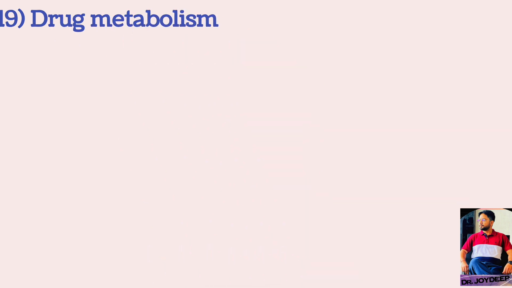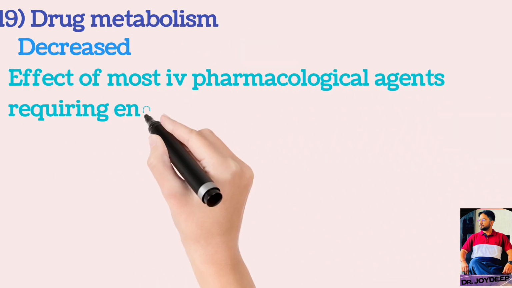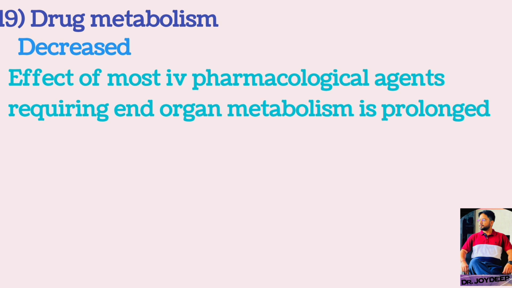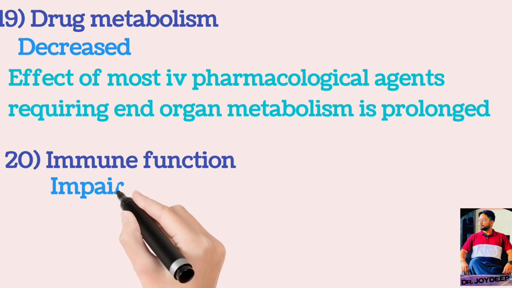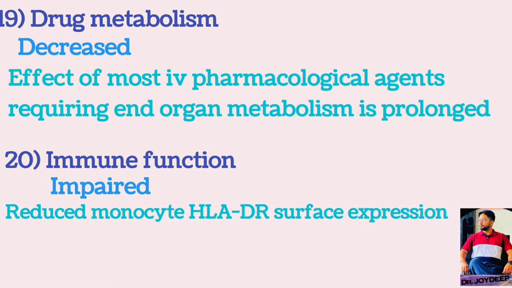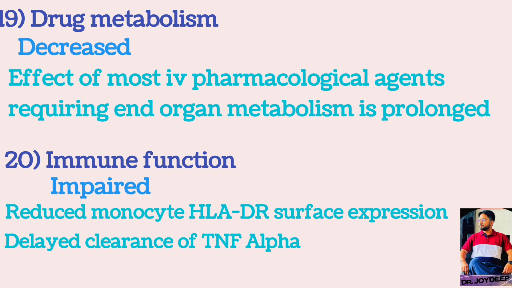Drug metabolism is decreased. The effect of most intravenous pharmacological agents that require end organ metabolism is prolonged. Immune function is also impaired. That is due to reduced monocyte HLA-DR surface expression, decreased clearance of TNF alpha, and increased interleukin 10 release.